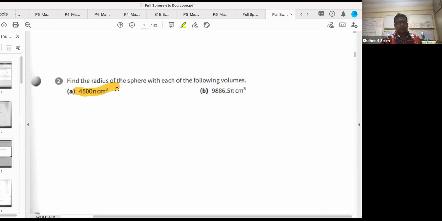What is the radius? Shafi, so sorry, that's not the answer according to the answer key.